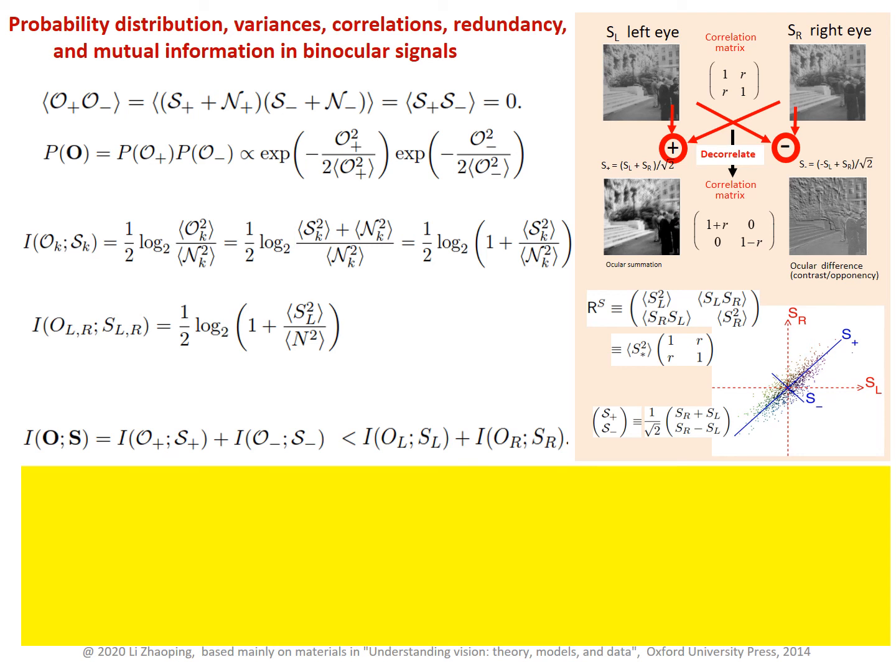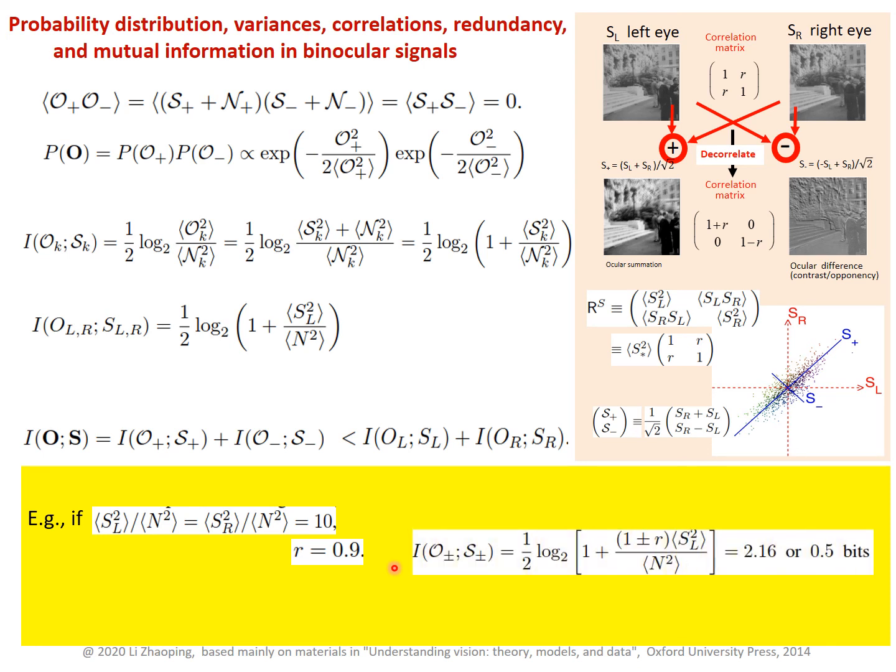Let's see using an example. Let's say that the input signal to noise in the original left and right eyes is 10. And the correlation coefficient R between the left and right eyes is R in here. This R is 0.9, so it's very correlated.